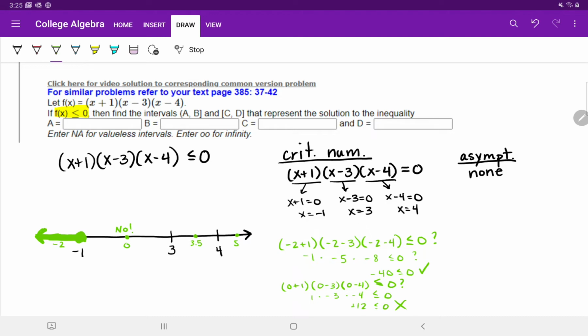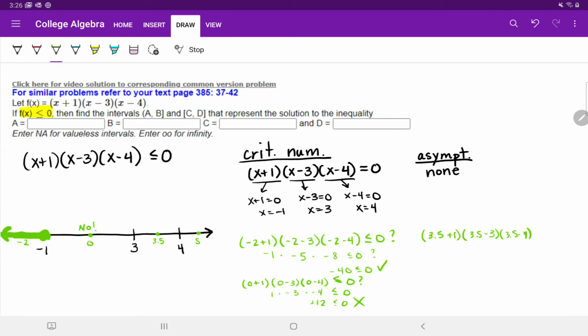Moving on to our next test point, and this is where it starts to feel a little tedious. 3.5 plus 1 times 3.5 minus 3 times 3.5 minus 4. Is that less than or equal to 0? Time to pull out a calculator. So we end up with a negative number.